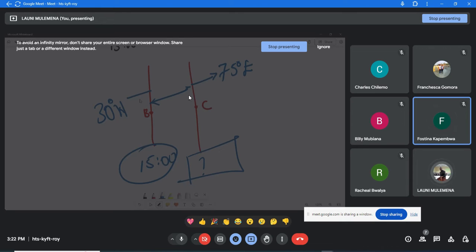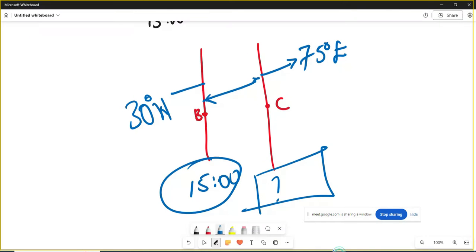So we need to add if the points are on different parts of the earth. Meaning we'll say 30 plus 75. When we add 30 plus 75, you agree with me that the answer is 105 degrees. So this is the difference in longitude.